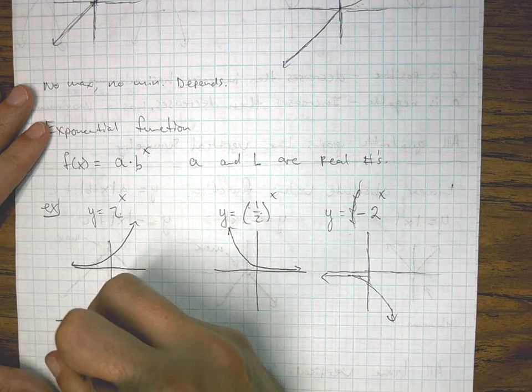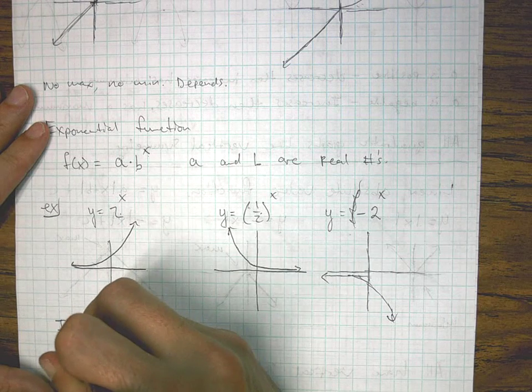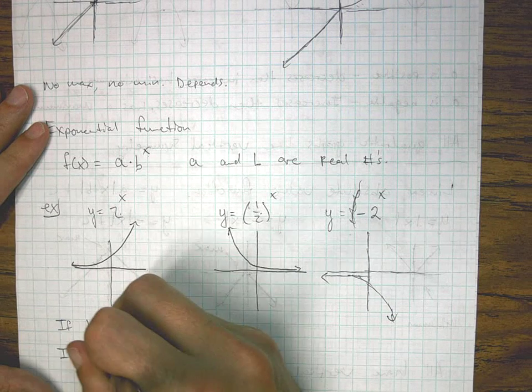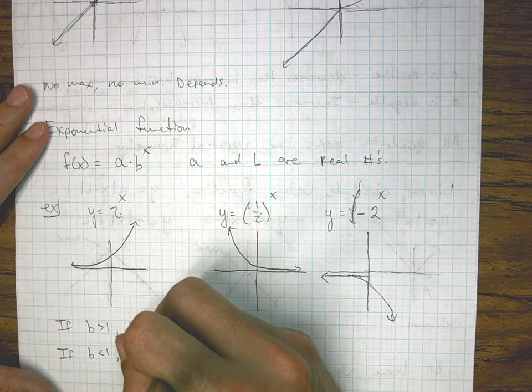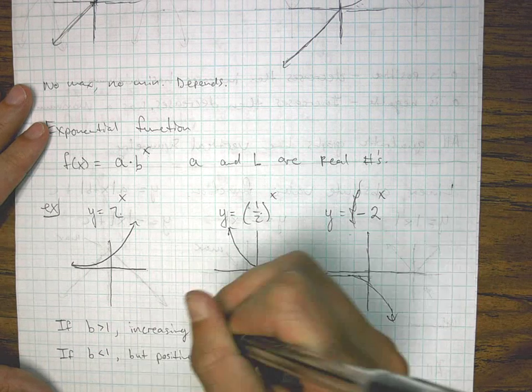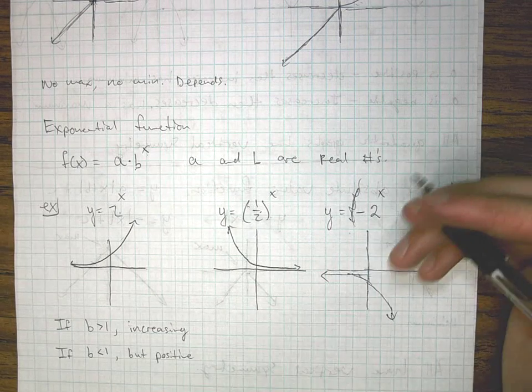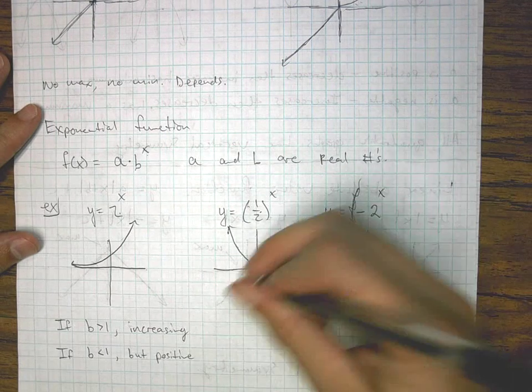If b is less than 1, but positive, meaning it can't be 0, it can't be negative, that is where it's decreasing.